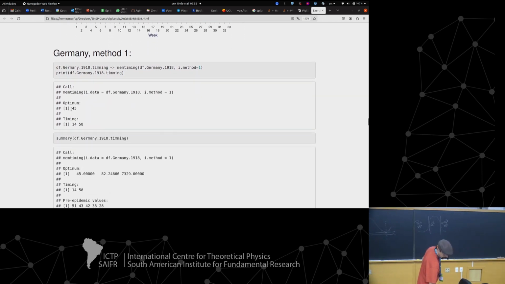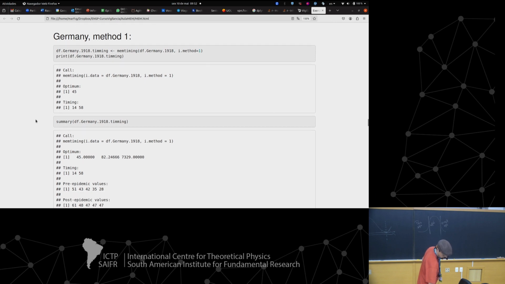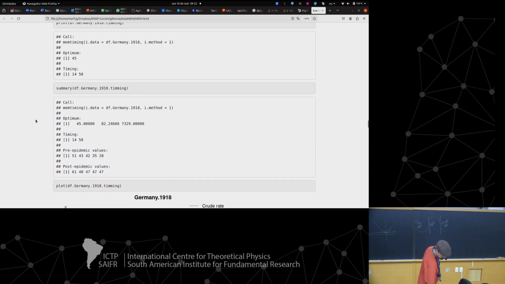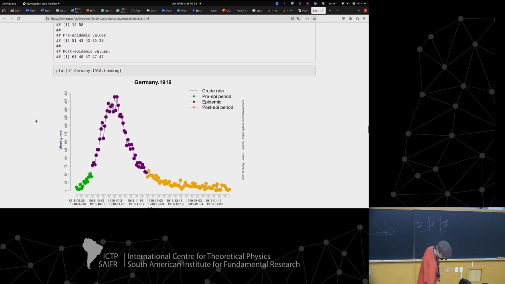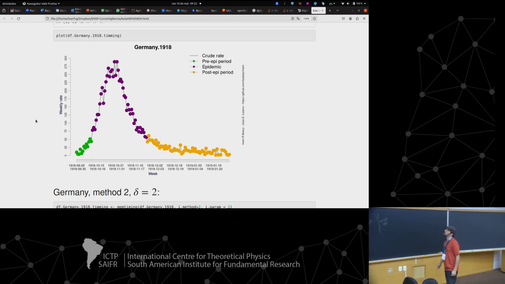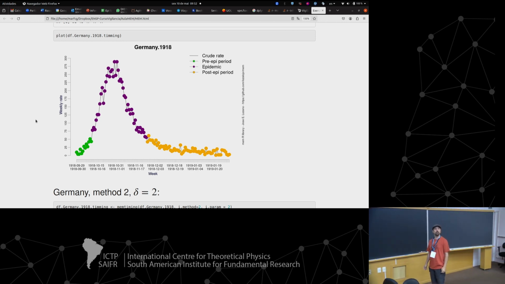Now, the same exercise on the German data set. Now, method 1, we already get a way better classification on this data set, by changing the method used to label our time series.